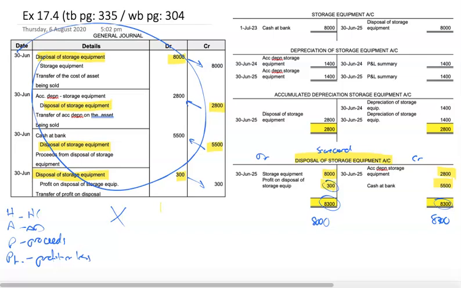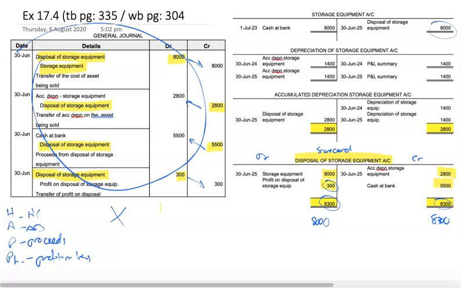All the other ledgers, I'm going to get you to pause the video and have a good look. All we are doing is ticking off the other parts that we haven't. Storage equipment is going to be done as a credit, and you can see it involves there. Accumulated depreciation has clearly been involved each year, and we are closing it, so $1,400 a year.